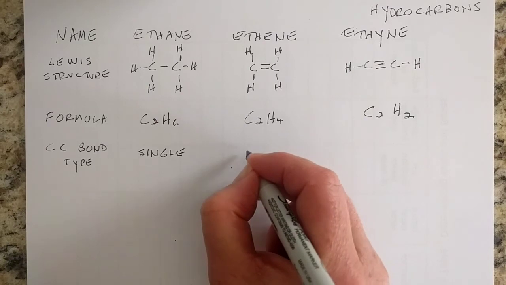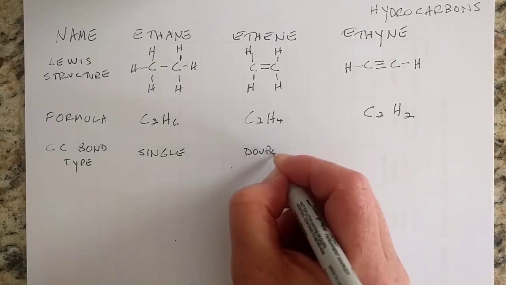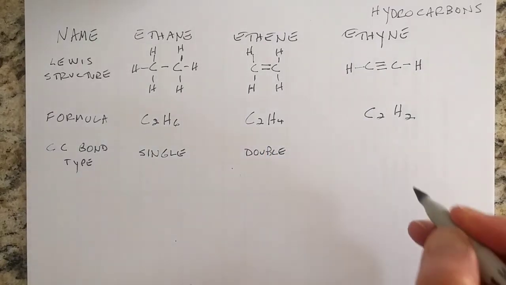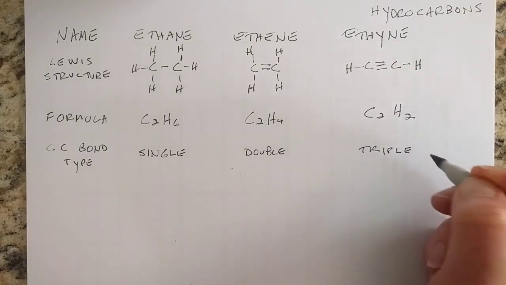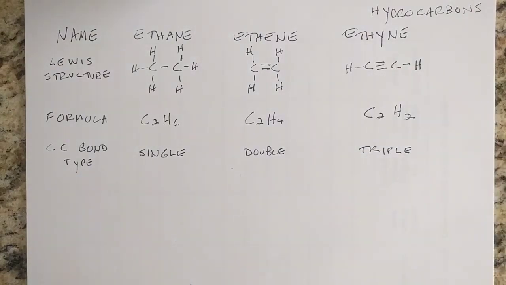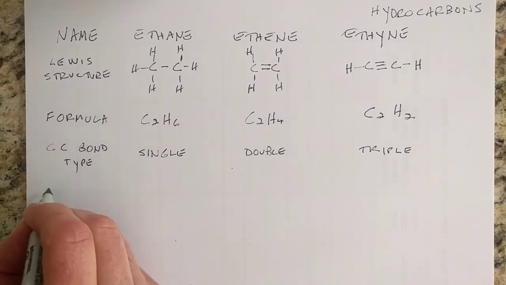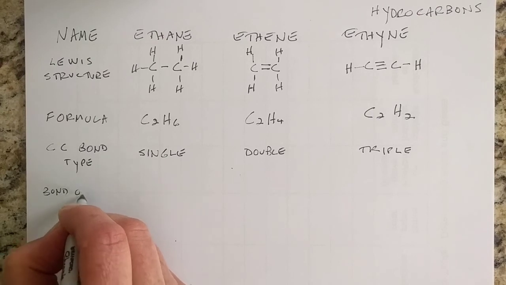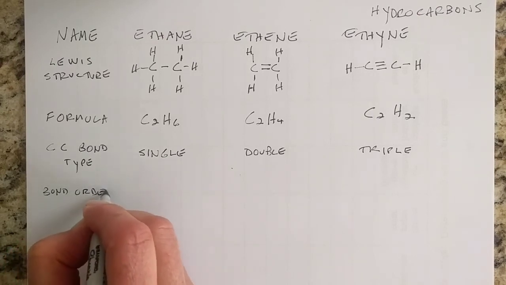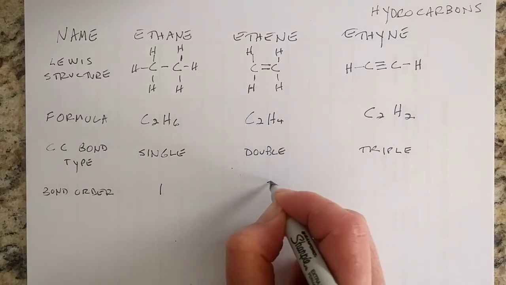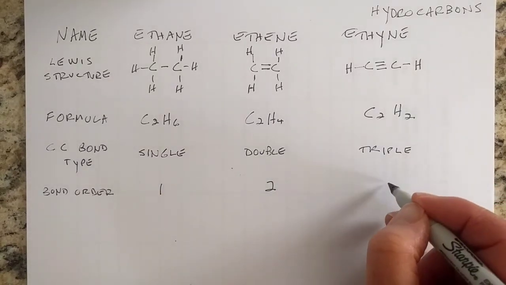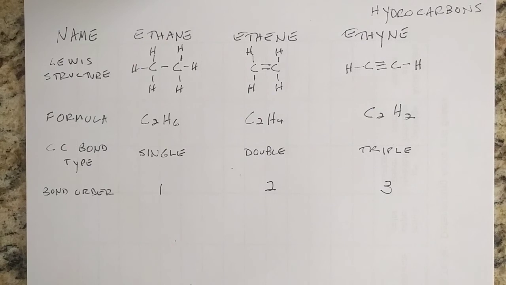We have a double bond in ethene and a triple bond between the carbons in ethyne. So then we can easily write our bond order. We just learned that, but that's super easy. The bond order of a single bond is 1, the bond order of a double bond is 2, and the bond order of a triple bond is 3.